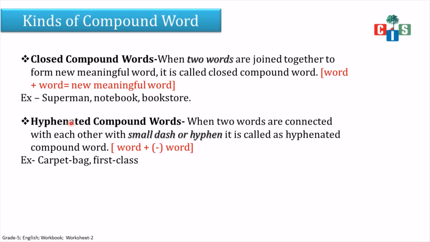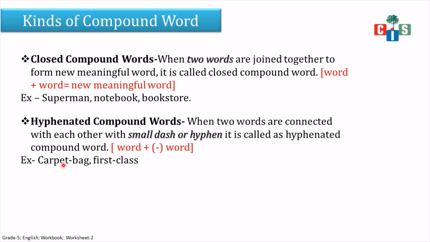Next is hyphenated compound words. Hyphenated compound words means we join one word and one more word. These two words will be meaningful words. These two words will be joined together with the help of one hyphen or small dash, then it is called a hyphenated compound word.